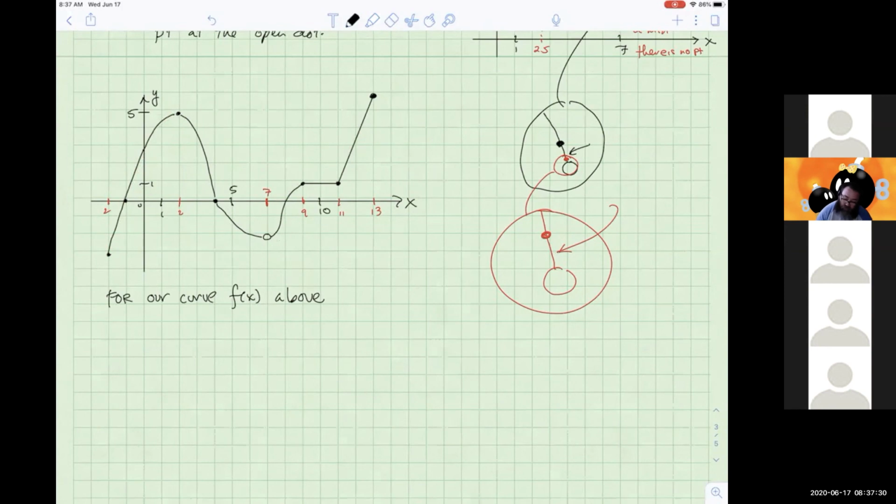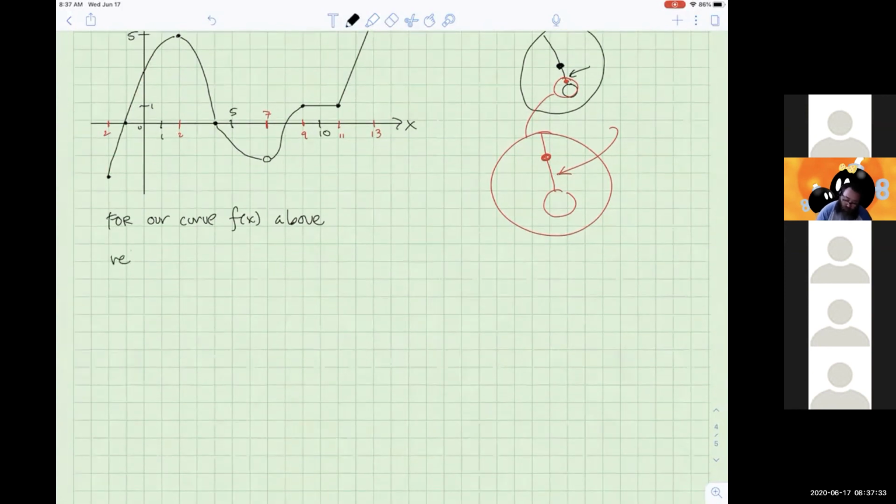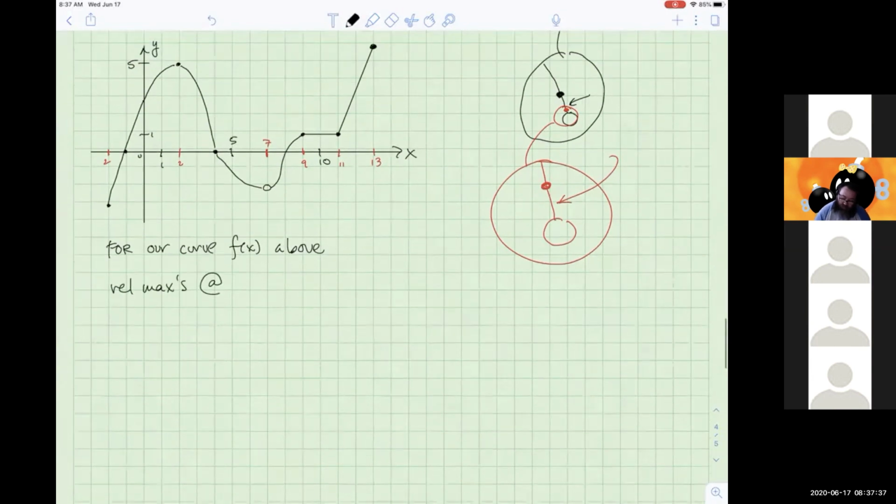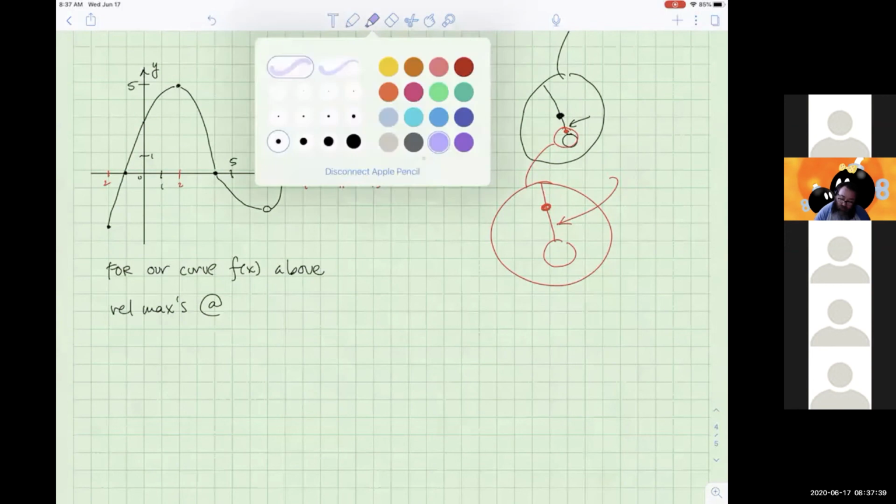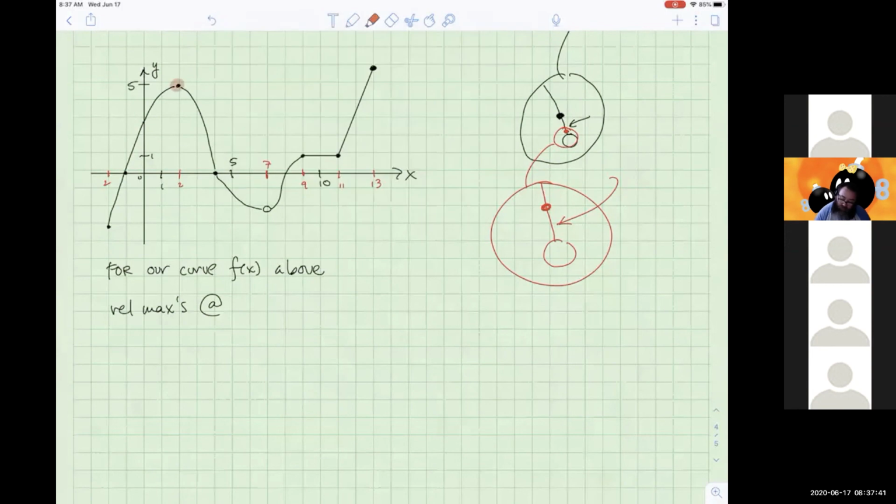We have relative maxes at that point there and that point there. Those are our two relative maxes.